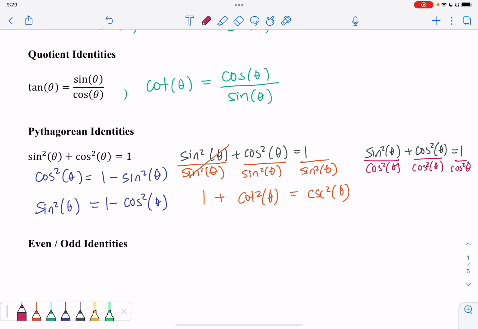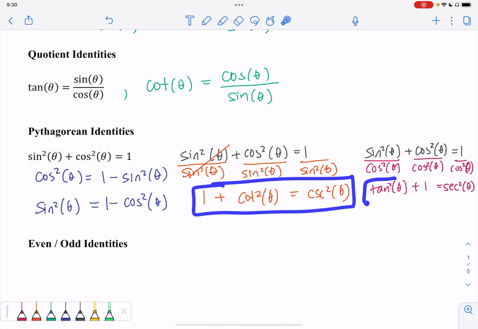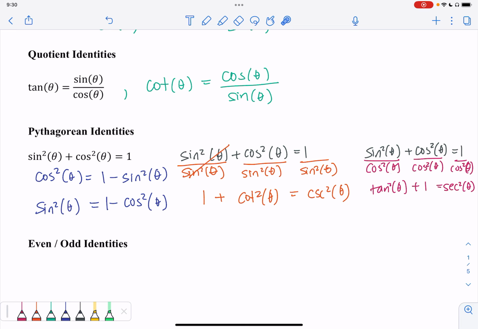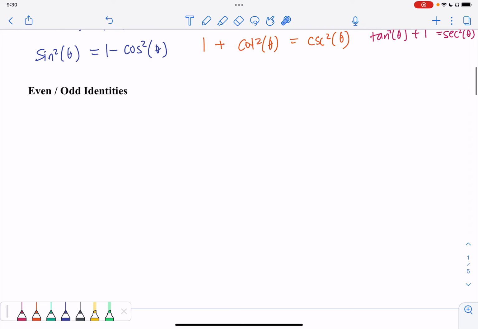So every term gets divided by cosine squared theta. So what do I get? Well, the first term becomes tangent squared theta, second term becomes 1, and the term on the other side is secant squared theta. And so what I really have is my first Pythagorean identity, but then I also get these other two just for free. And so I want to keep those in mind as we work through the rest of this part.